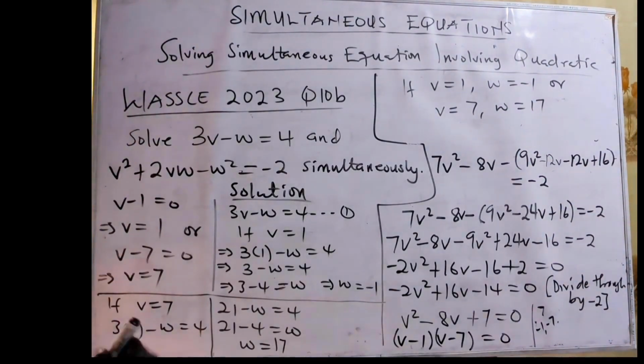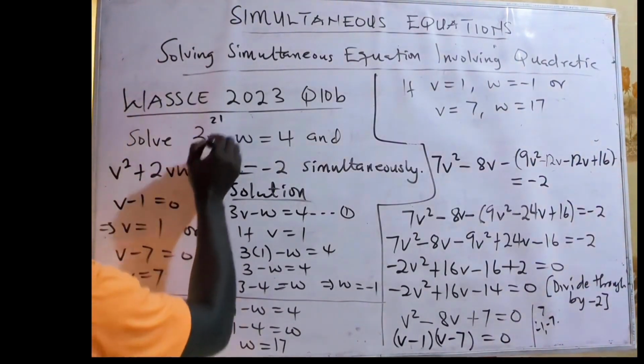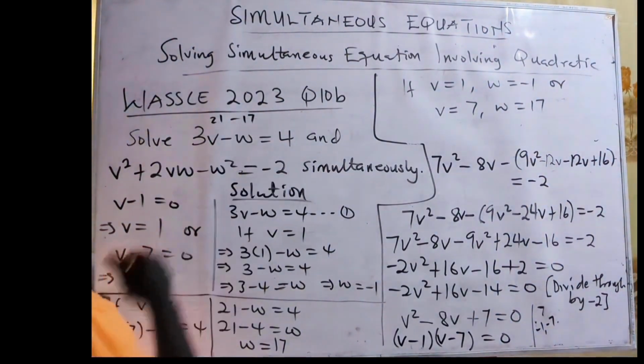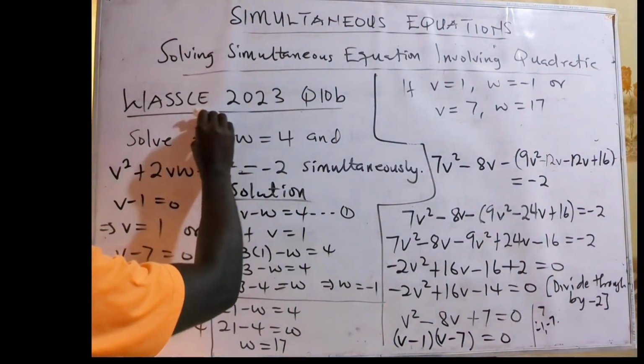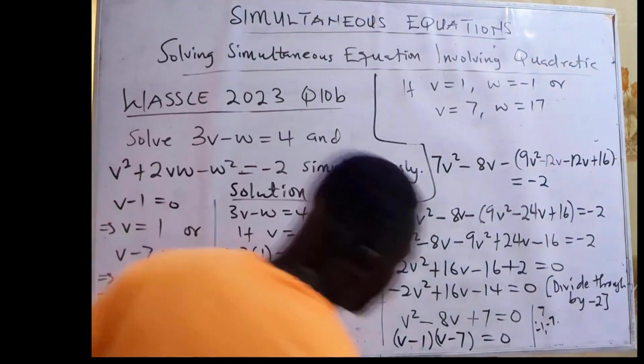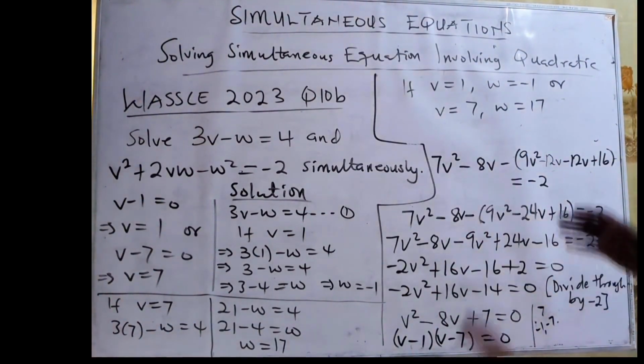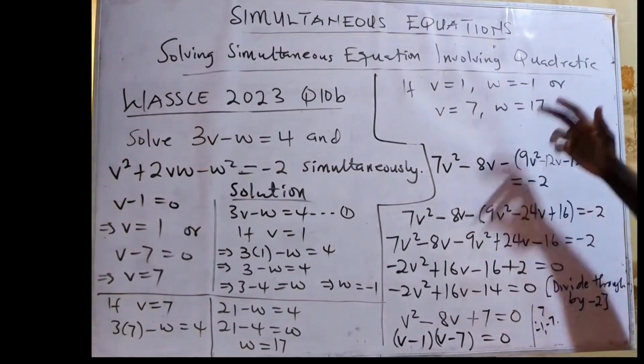Let's try 7: 3 times 7 is 21, minus 17 is 4. So these are the two values of v and w: if v is 1, w is -1, or v is 7, w is 17.